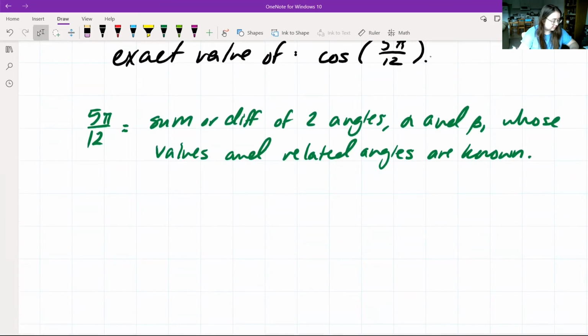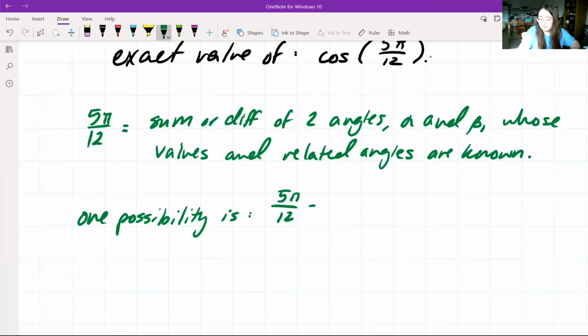So you can split 5 pi over 12 up many ways. The one possibility, and the one that we're going to use, is 5 pi over 12 equals 2 pi over 12 plus 3 pi over 12. And 2 pi over 12 simplifies to pi over 6, and 3 pi over 12 simplifies to pi over 4.